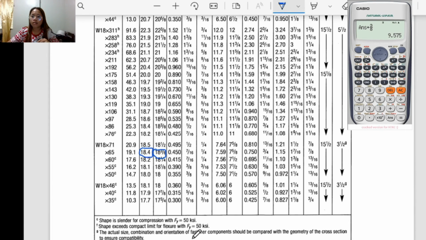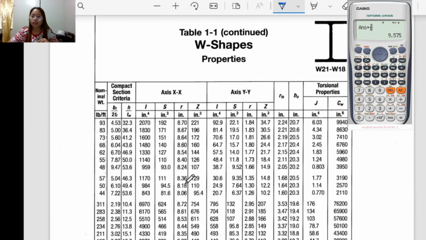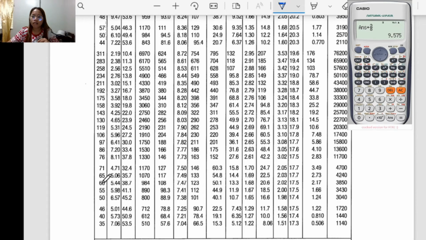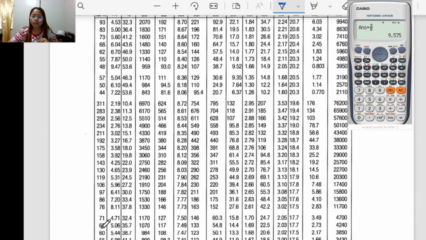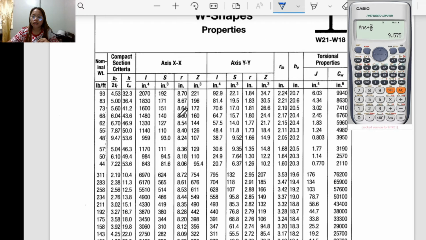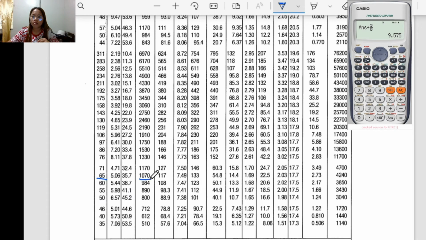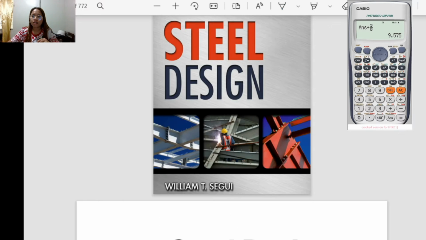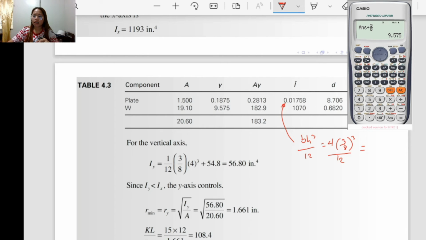Wide flange. So, meaning, possibly here, no? You have this 65, then the moment of inertia at x-axis is this 1070. No? Okay. 1070.